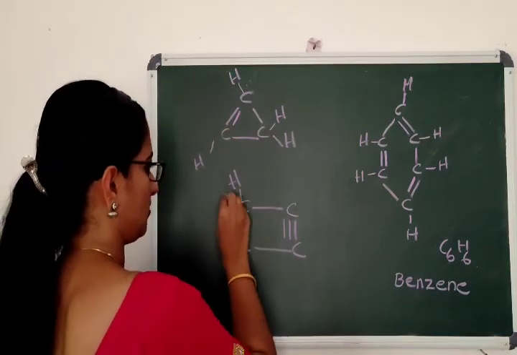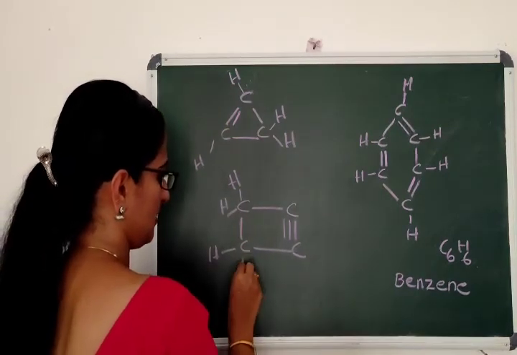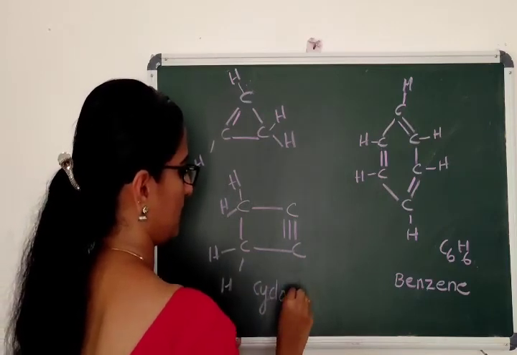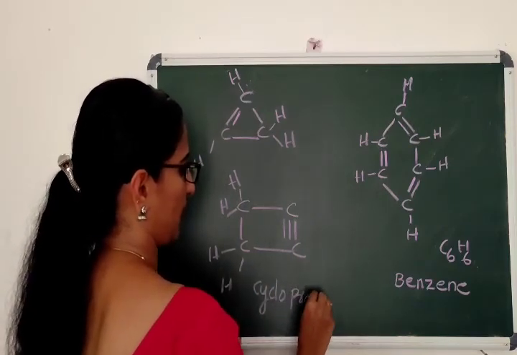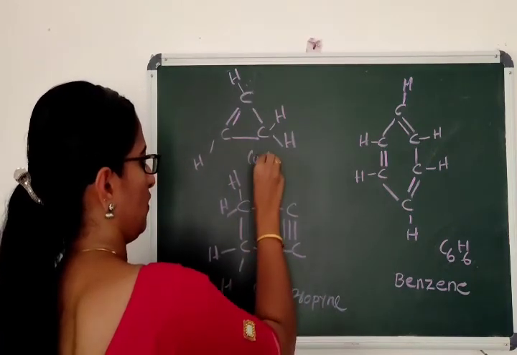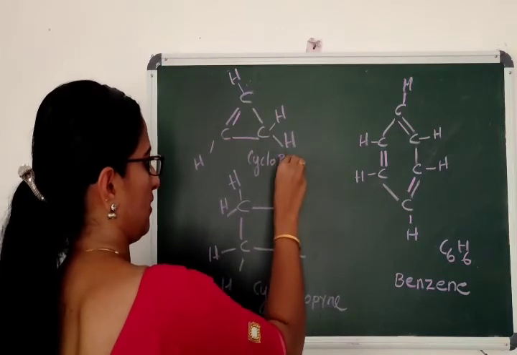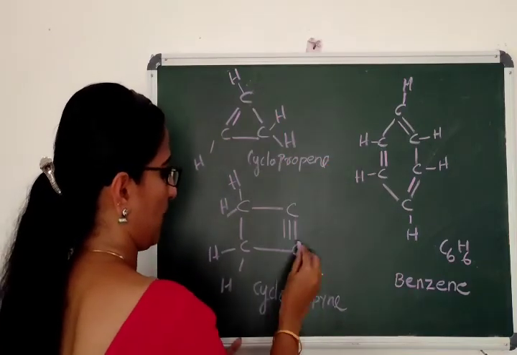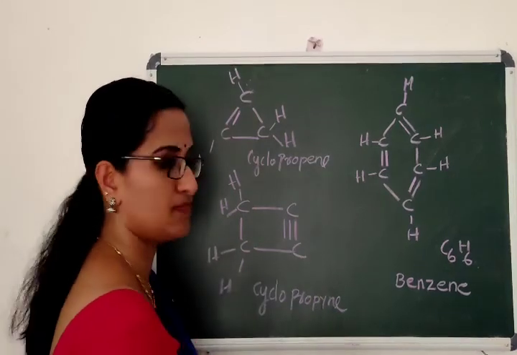Here the hydrogen is required. This is cyclopropyne, and this is cyclopropene. Propene because of the double bond; propyne because of the triple bond.